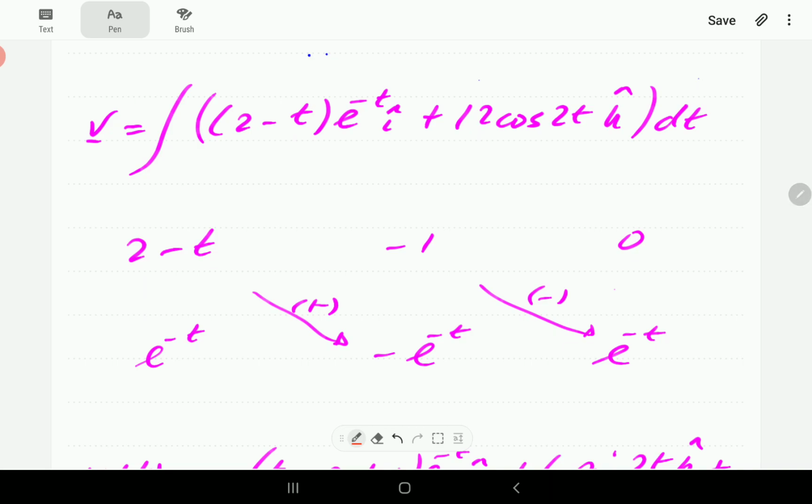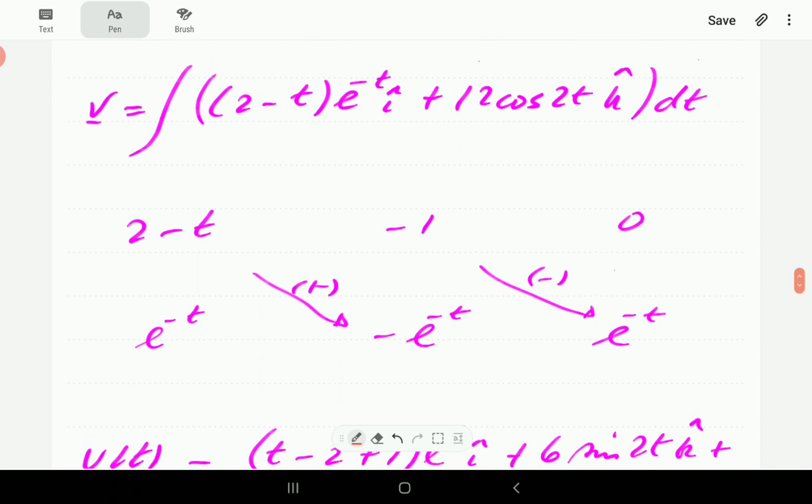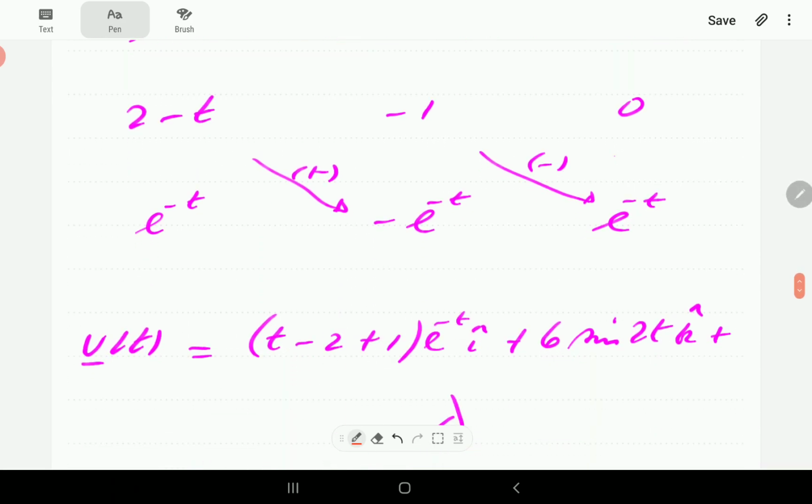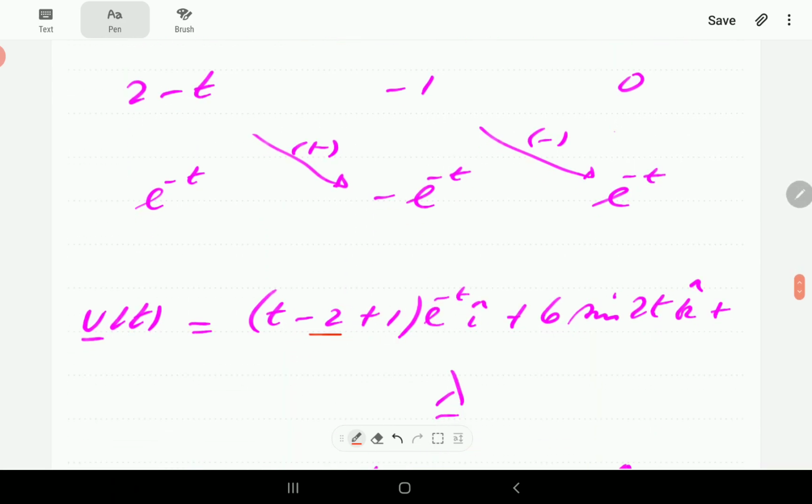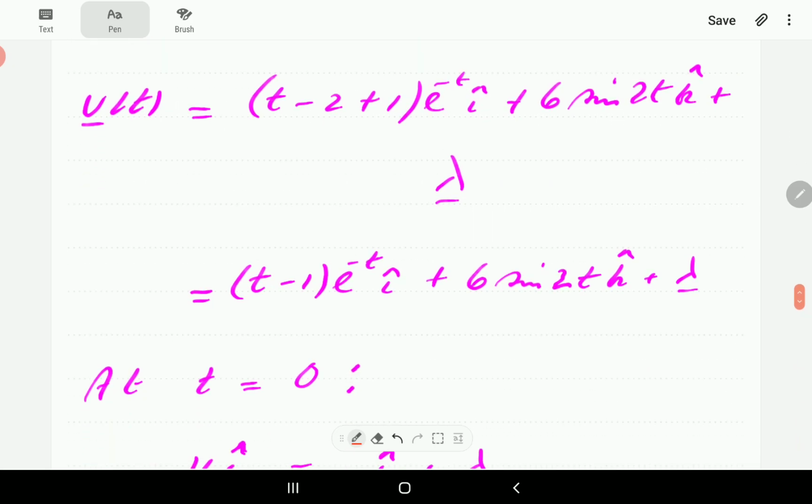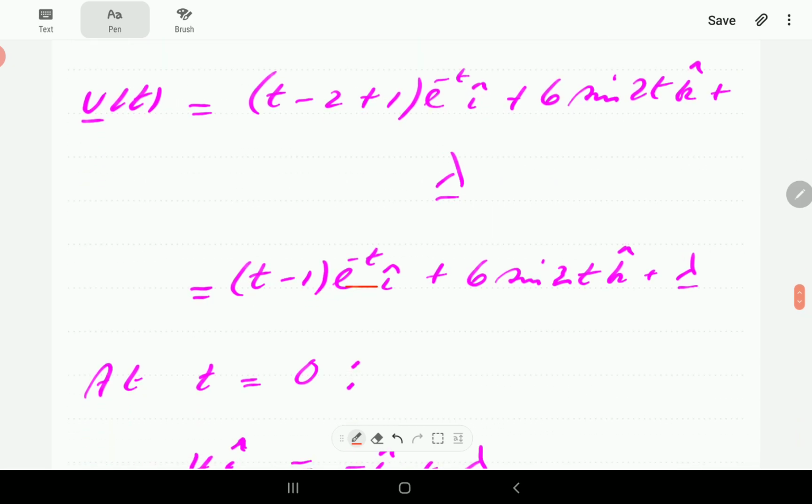We're going to put a link right here if you're not familiar with this method, so that you can benefit and get the basics of it. But basically, the integral of this term is going to work out to t minus 2 plus 1 e to the minus t, which is just t minus 1 e to the minus t.